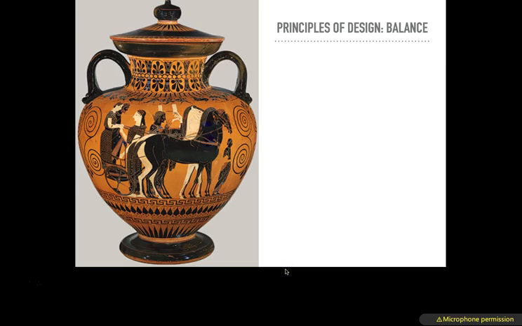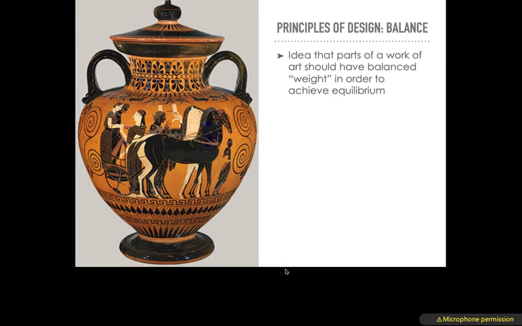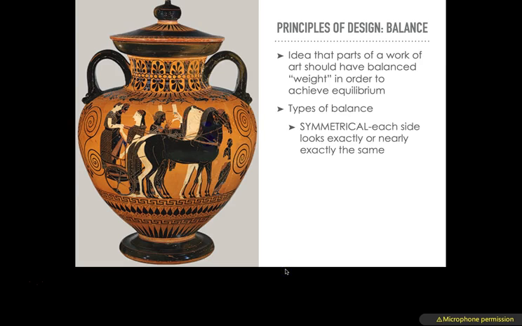Another principle of design is balance. This is the idea that parts of a work should have balanced weight in order to achieve equilibrium. The first type of balance is symmetrical balance, where each side looks exactly the same or nearly exactly the same.